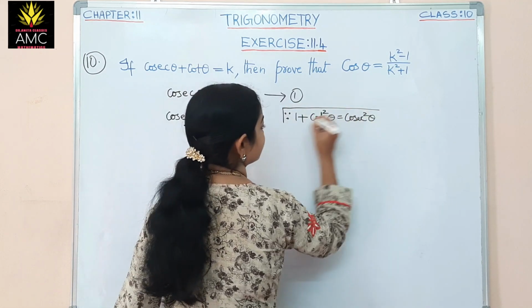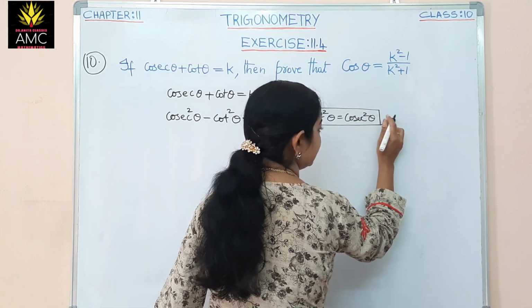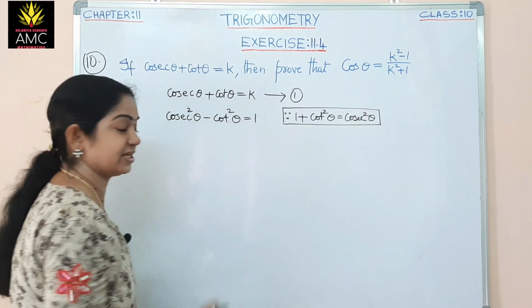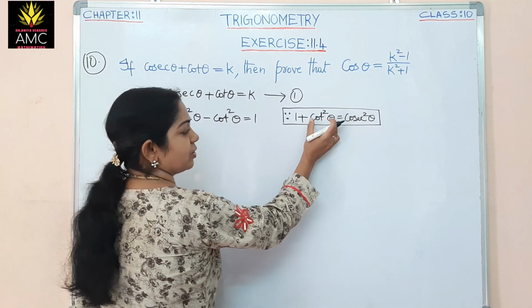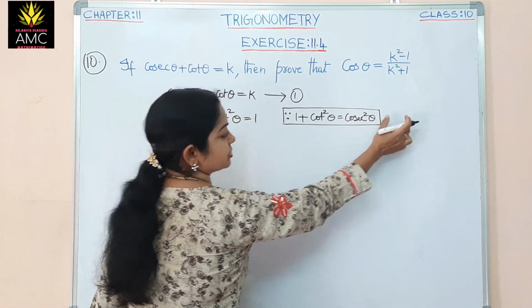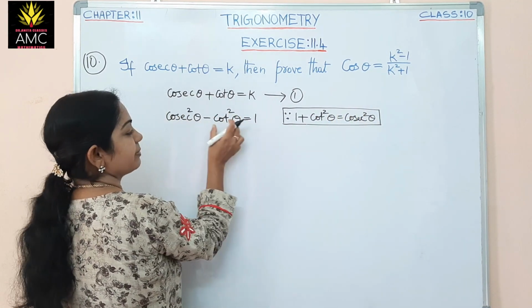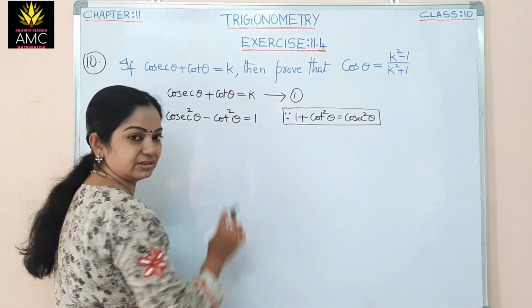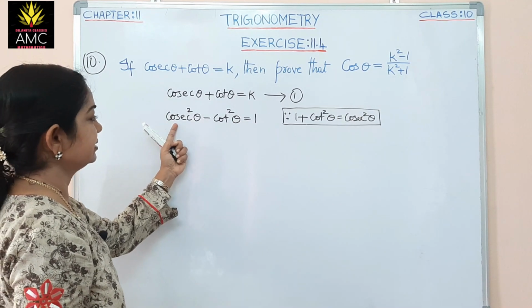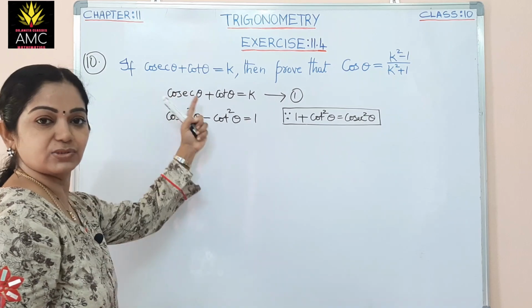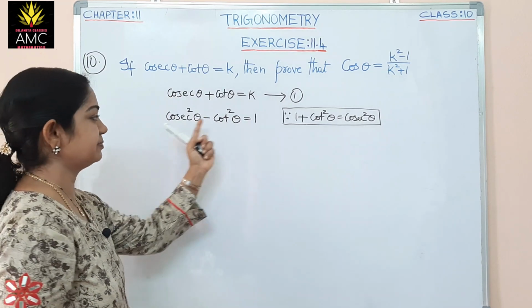Since you are using an identity, you have to mention it alongside. If you shift this cot square to the other side, it becomes minus cot square. So cosecant square minus cot square is 1, which I have used here. This is clearly a square minus b square, the algebraic identity.